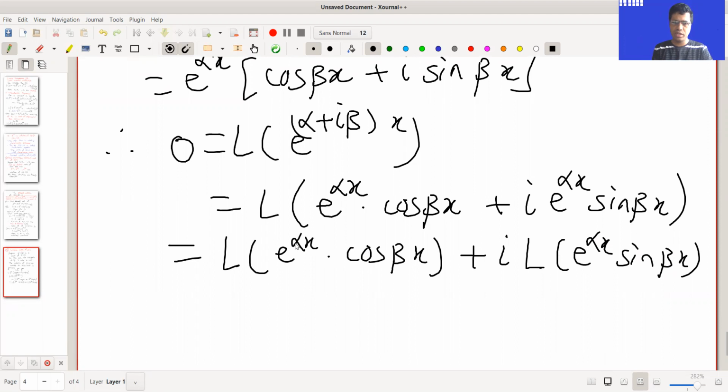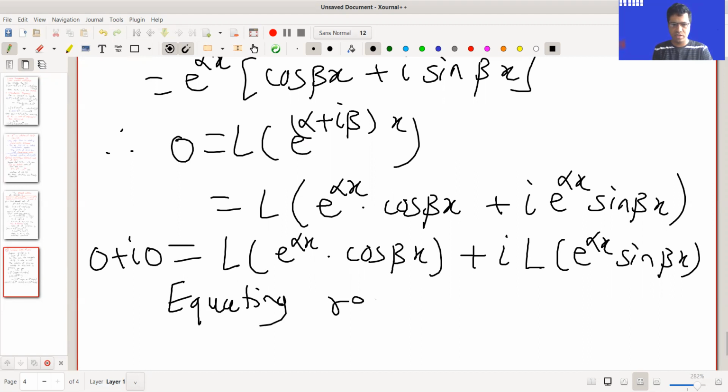Now e raised to alpha x cos beta x is a real function, so L of this is a real number plus I times L of e raised to alpha x sine beta x, this is also real. So we can equate real and imaginary parts on both sides. Left hand side is 0, 0 means 0 plus I times 0.